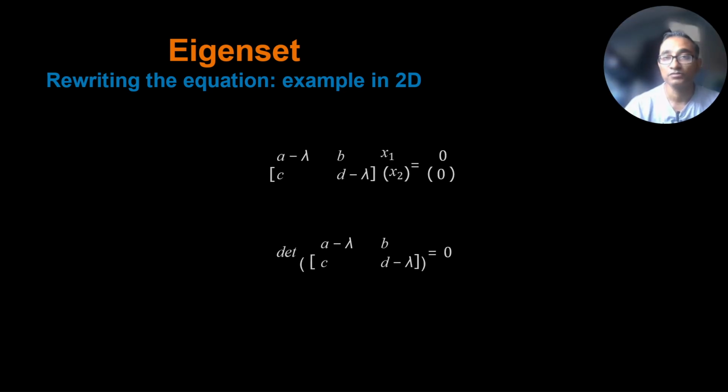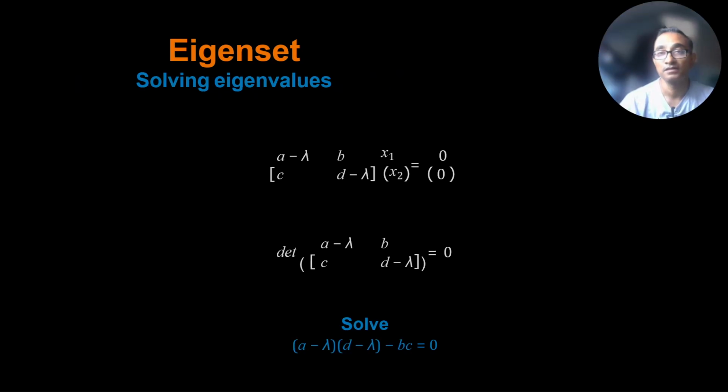Now you can solve this equation using the determinant approach of matrices, and you will end up with an equation of the type (a minus lambda)(d minus lambda) minus bc is equal to 0. So you will have to solve this using basic linear algebra.